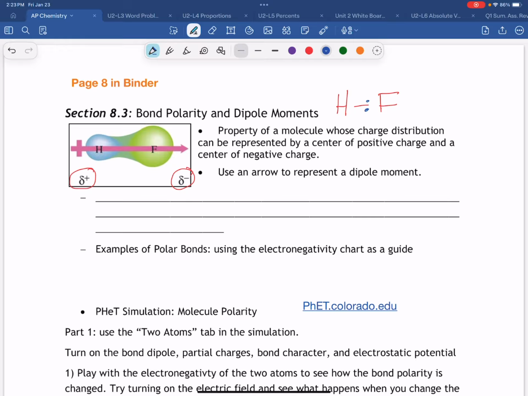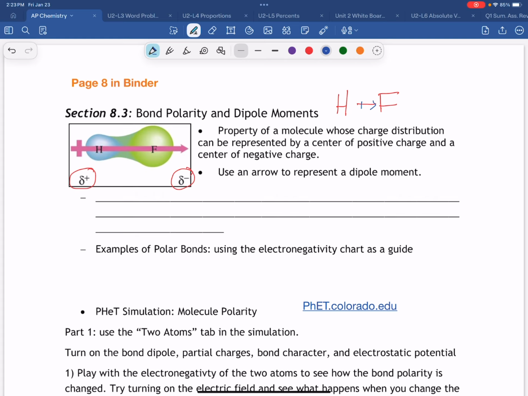So the way that we represent that is we're going to draw our chemical bond like normal. So here's our single bond. But then we can actually use a little arrow with a plus sign. Okay, so what that means is that the hydrogen-fluorine bond is polar, and fluorine has a higher electronegativity.